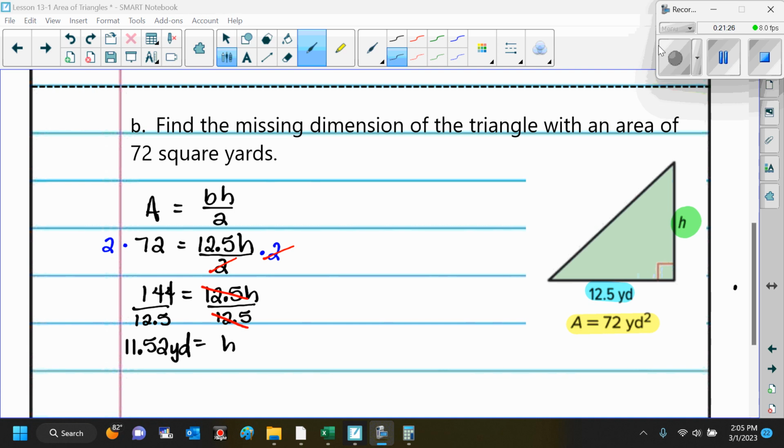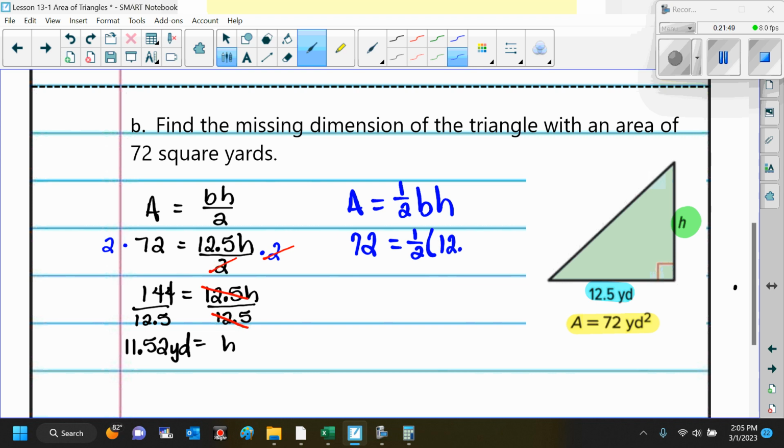Okay, so now let's try using the other formula. Area is equal to 1/2 base times height. Alright, so when we substitute in, and you guys, it's all still going to be the same thing. So now we're substituting. 72 goes in for area, equals 1/2 times the base, which is 12.5, times the height, which is what we're looking for. Okay?